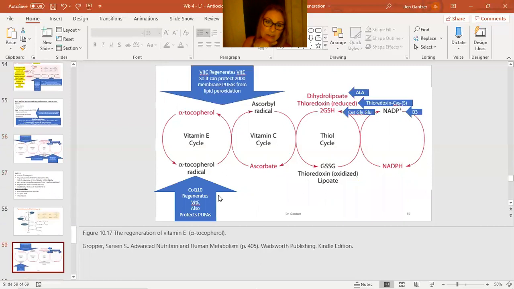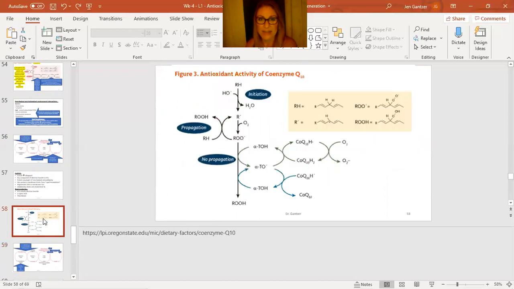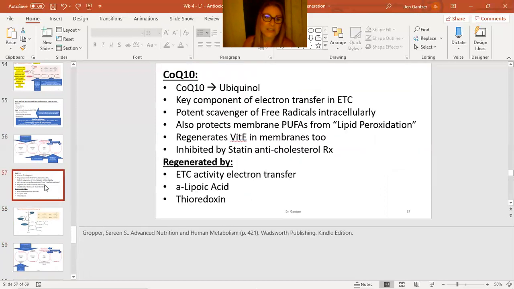I'll jump ahead here. CoQ10 can also not only regenerate vitamin E in the plasma membranes, but CoQ10 can also participate in some of the prevention of lipid peroxidation and protect the PUFAs and the plasma membranes. So what is CoQ10? It is ubiquinol. You are familiar with CoQ10 because of the electron transport chain, and we're going to see that it is very involved in the electron transport chain.